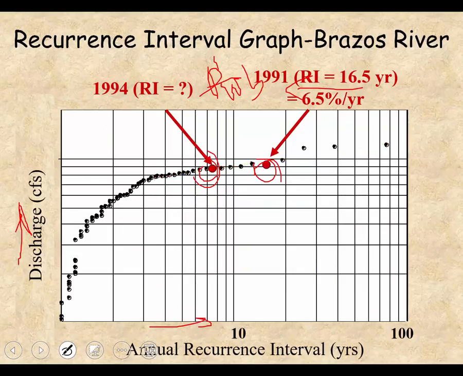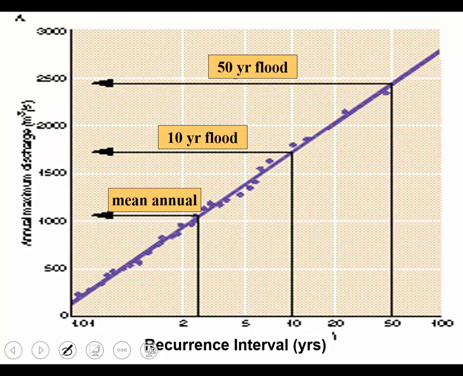And notice we've taken these data and we've extrapolated it to 100 years. So you might ask yourself, how do they know what a 100-year flood is if you don't have 100 years of record? Well, you hope that you get a relationship that you can extrapolate from what you do have to that particular relationship.